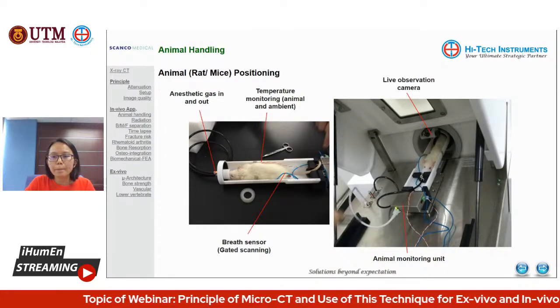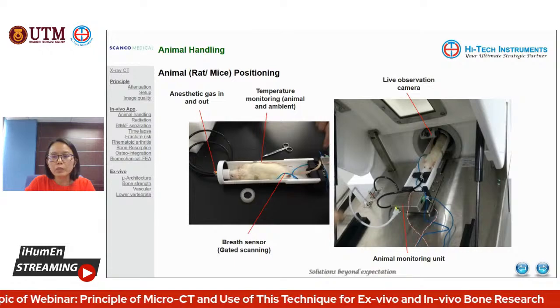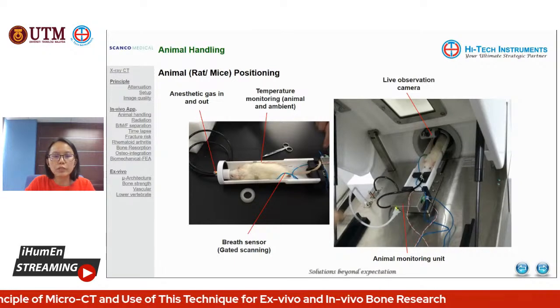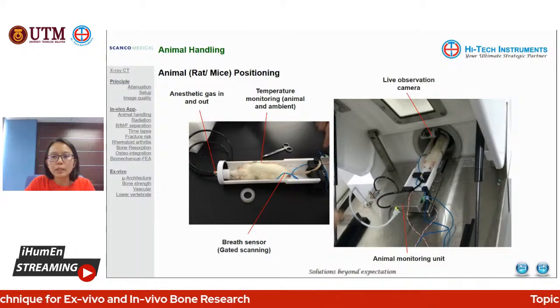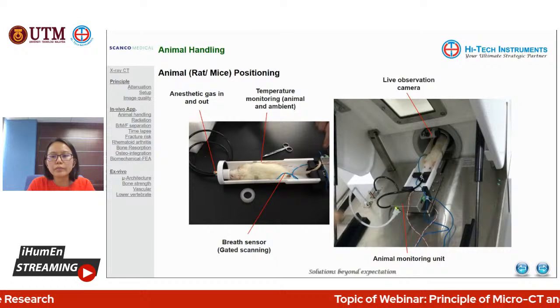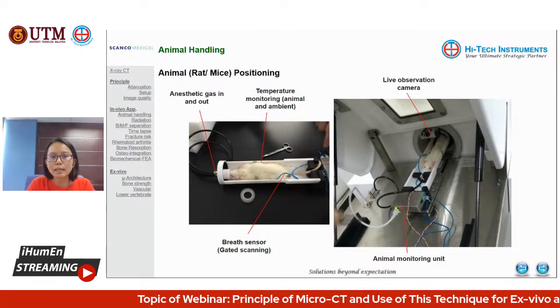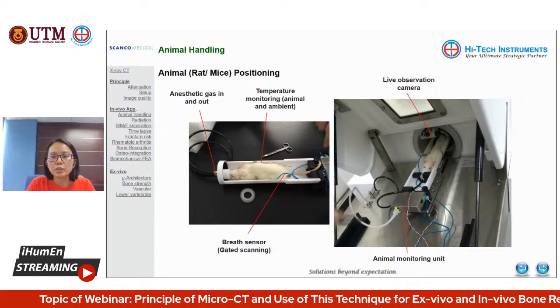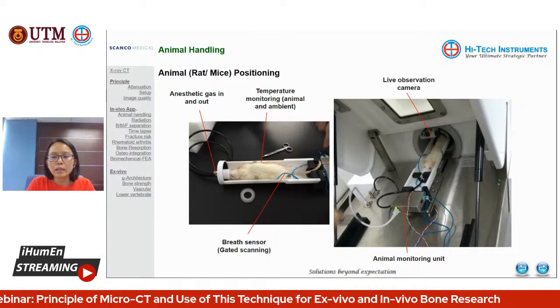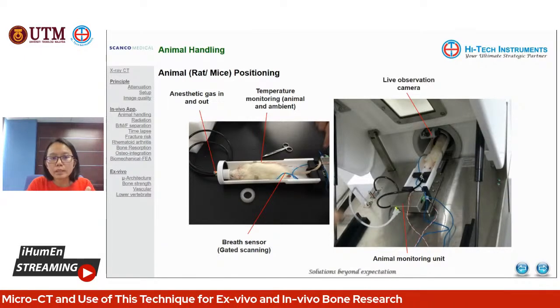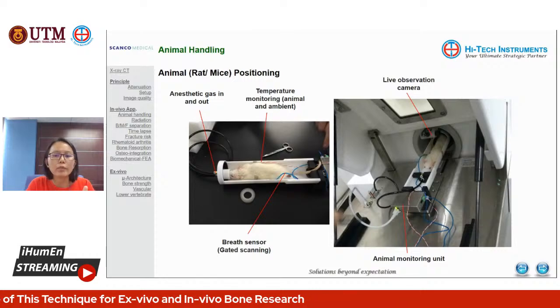And another type, which is a commonly used inhalation anesthetic agent, is what we call isoflurane. It's usually delivered at about 3.5% for an animal size like a rat to induce anesthesia. And then it can be maintained by lowering the concentration to about 1.5% of isoflurane.